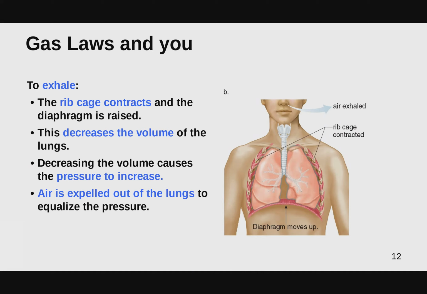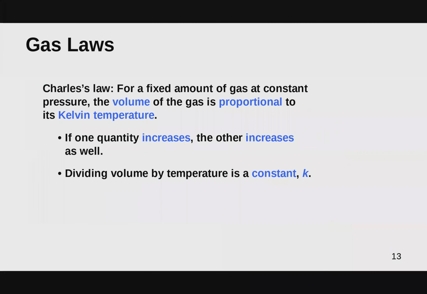Remember, they're related inversely. So pressure increases, causing you to expel the air out of your lungs. So this is how you breathe, right? There are muscles involved, but what actually is happening is just changes in pressure and volume, which again, we can describe with Boyle's law. So a fun way to apply this very first gas law to your everyday life.